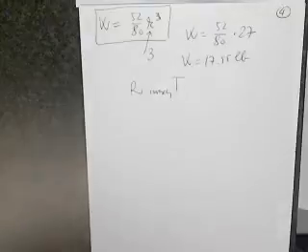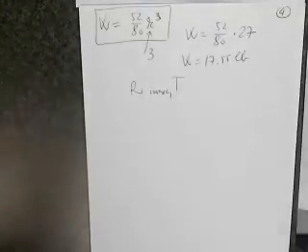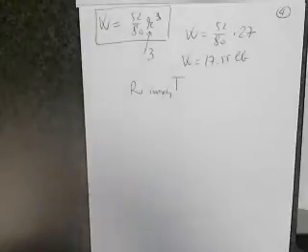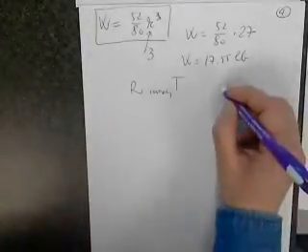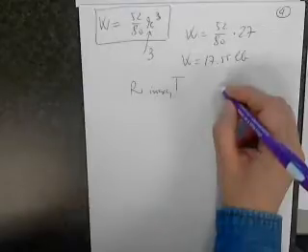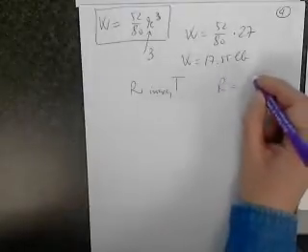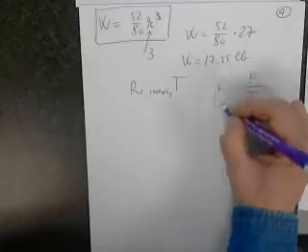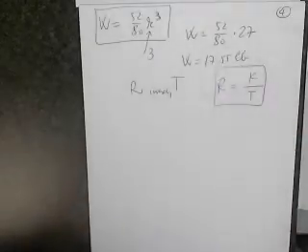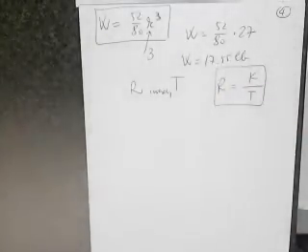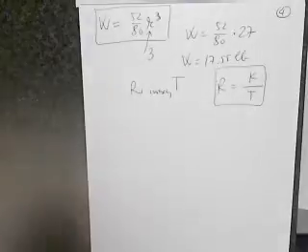What is the relationship that I have to write before I even read on? K over t. So R varies inversely with t.